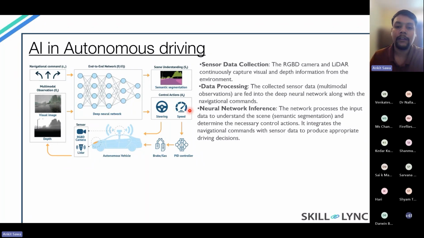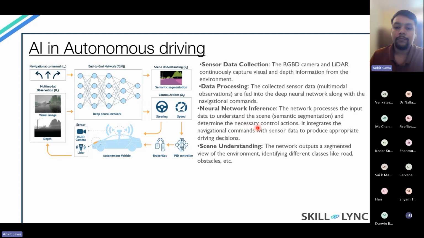It also helps to tell you whether you should brake or accelerate more, because these are the final controls, right? So this is how the neural network uses your input data and takes intelligent decisions on the direction and the speed. Scene understanding, the semantic layer created by the neural network, helps you identify what you're seeing through the camera, right? Whether it's a road, an obstacle, or something else. Based on that, it takes decisions.